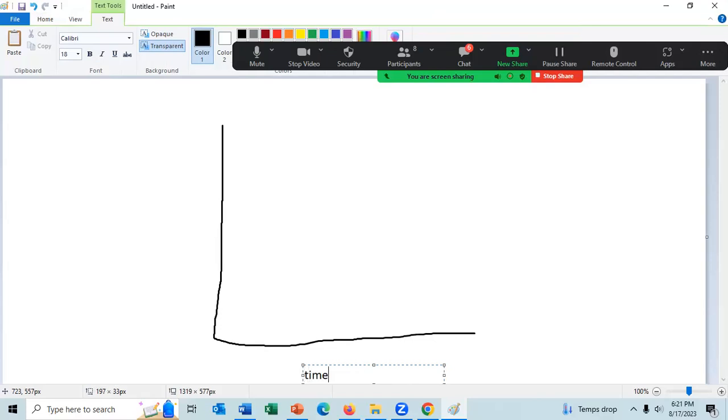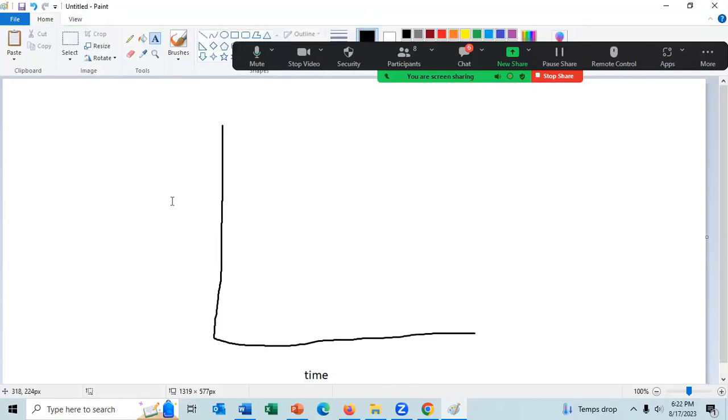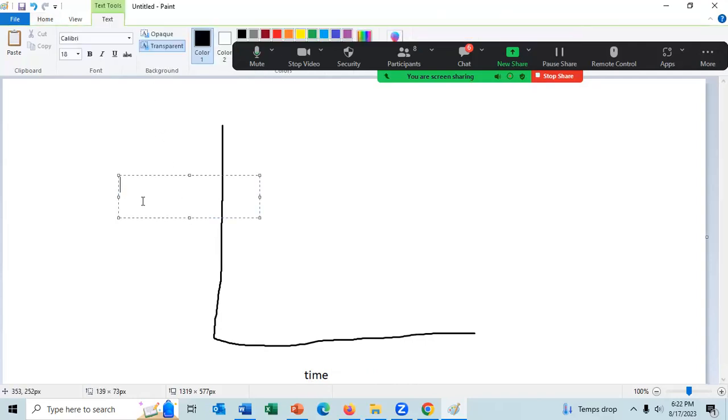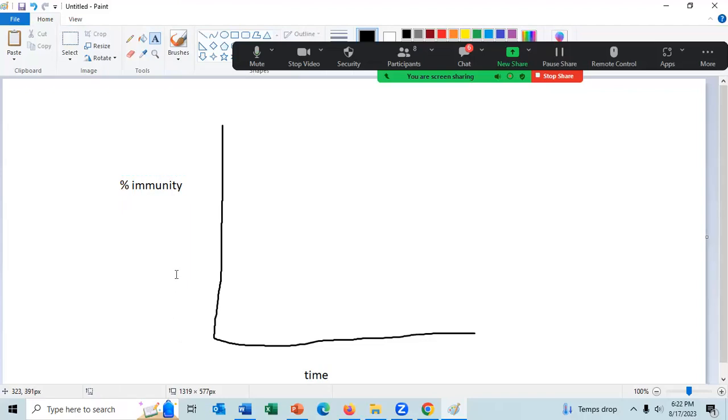Time on the x-axis, and then your immunity, how strong your immune system is on the y-axis. So I'm just going to go percent immunity. The top being 100, the bottom being 0%. We can maybe do that here.